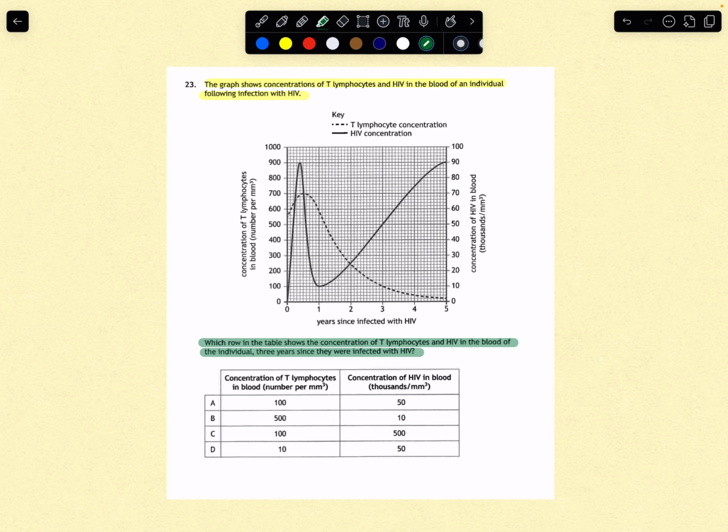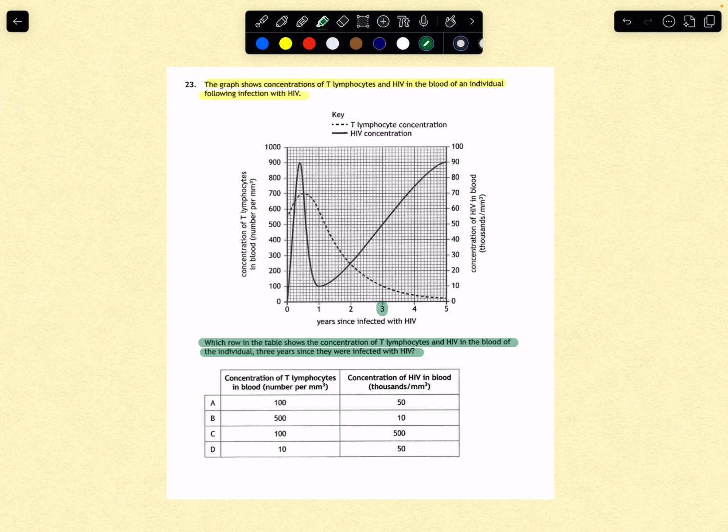Okay, so from the question, we're going to read our answer from the graph from this point here, right? So hopefully you're following that so far. Nothing to be scared of, just simply reading the question and thinking about the context of it.